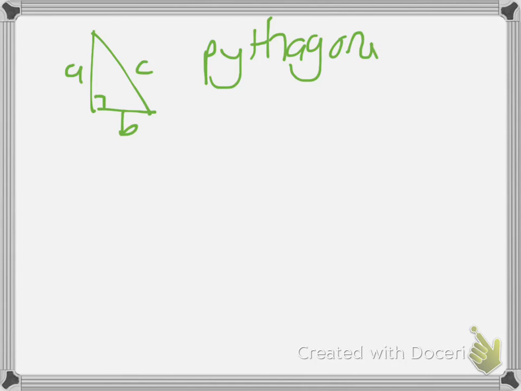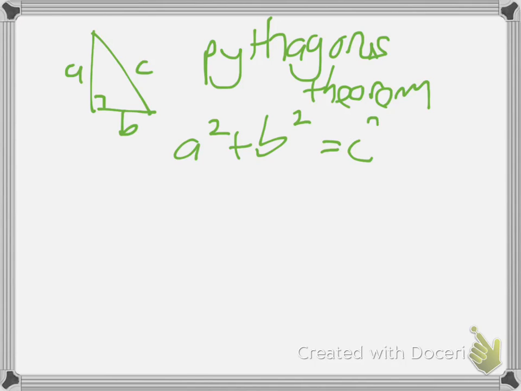So this is a triangle with a 90-degree angle, a right triangle, with sides a, b, c. So this is the Pythagoras theorem: a squared plus b squared equals c squared.